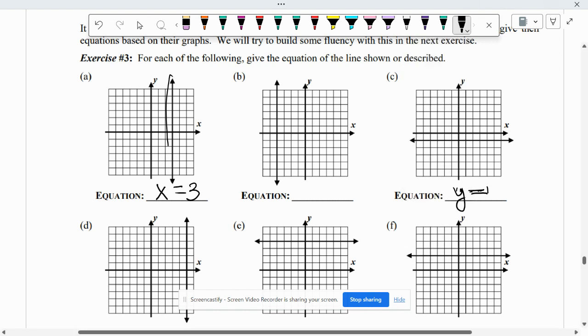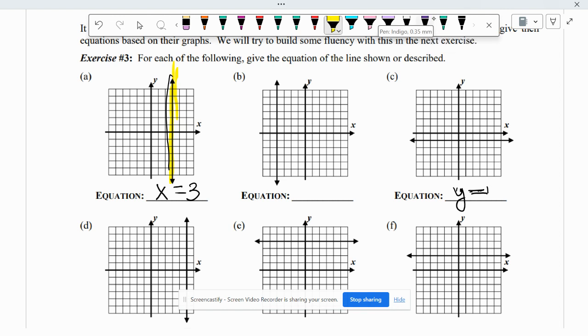It's right here. This is the line. That's okay. So what's the next one going to be? X equals negative 4. This is the line that we're talking about. Y equals negative 1.